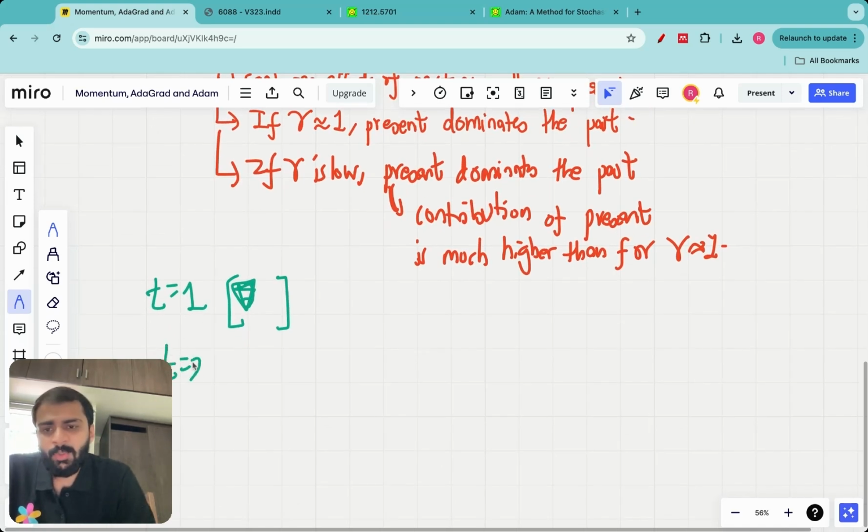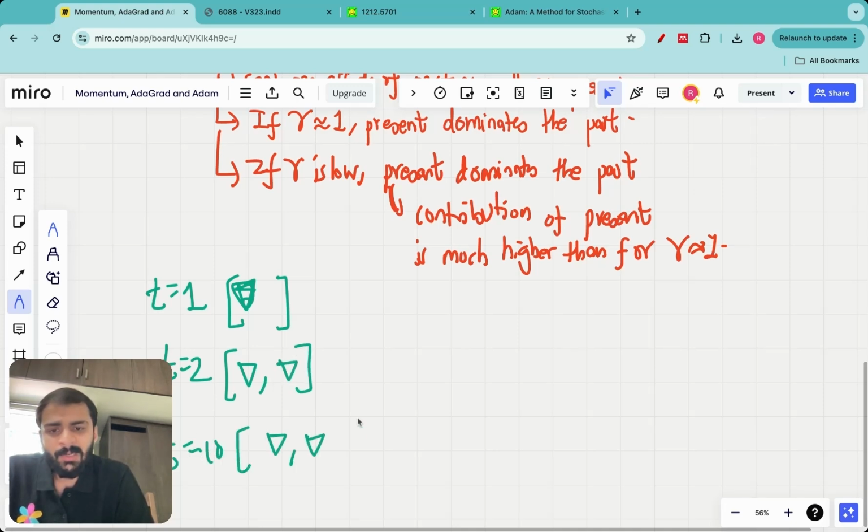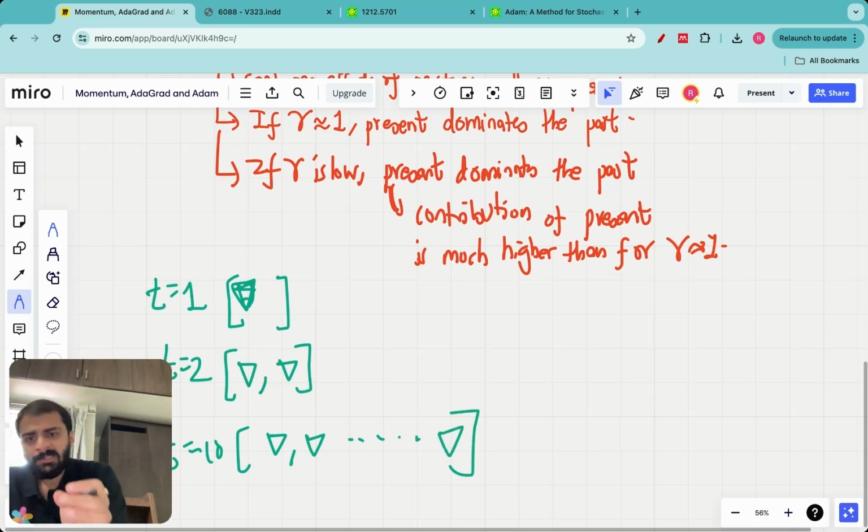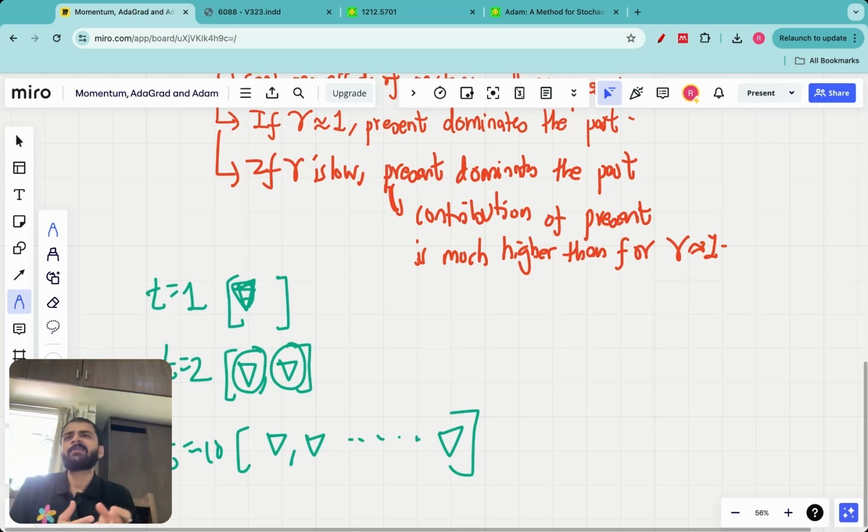At time t equal to 2, there is a new gradient value, but you don't discard the original symbol, you just keep it there. And for time t equal to 10, there are 10 gradient values. So instead of using the gradient value just at that time, if we use the concept of moving averages, we can take into account the past as well as the present. Of course, the present carries much more importance, but we still believe that the old contributions have a lot to teach us and we should not neglect their effects.